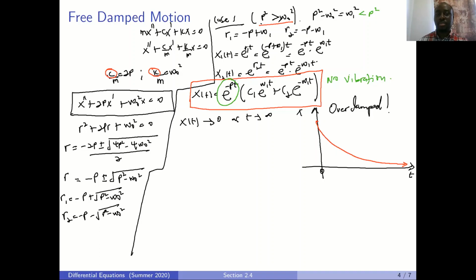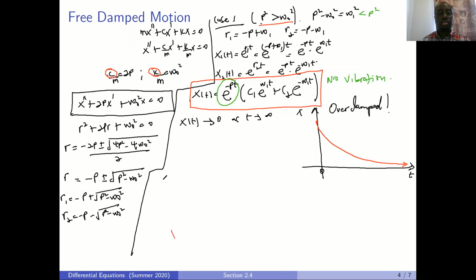The resistance force from the dashpot is greater than the spring force. So it's going to overwhelm the spring, and the spring is not going to be able to pull the object past its rest position. That is why we see this gradual decay to rest position. There's more damping than there is force from the spring that would have been able to move this object left and right. So that's an overdamped case.